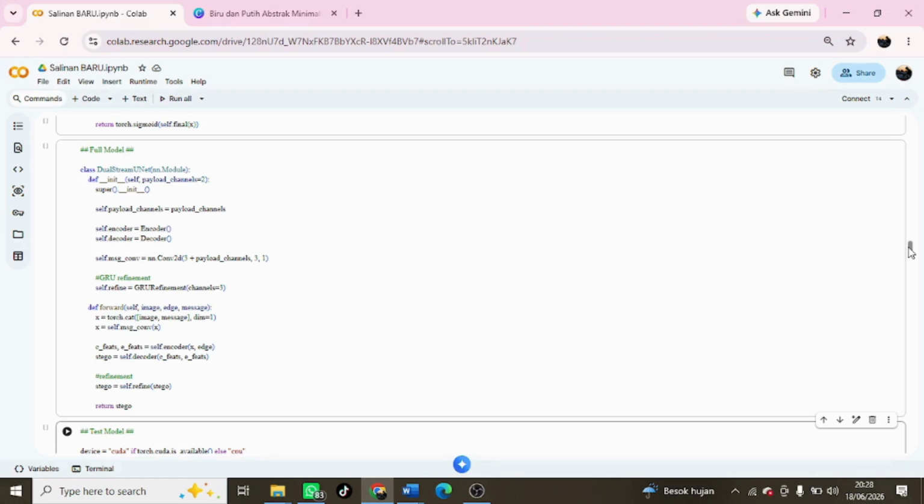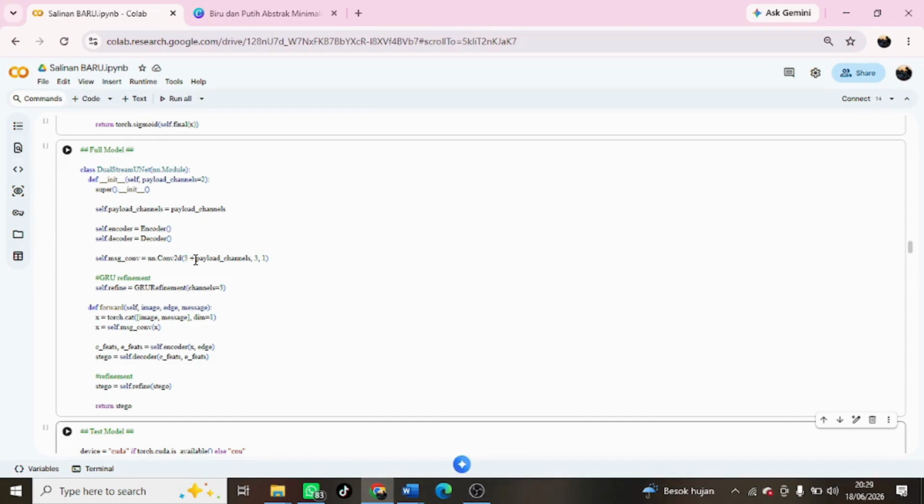This model consists of three main components: a dual stream encoder, a decoder, and a GRU based refinement module. Additionally, the model includes a payload_channels parameter used to adjust the number of channels for the secret message to be embedded. In this study, two payload scenarios were used, 2 BPP and 4 BPP.